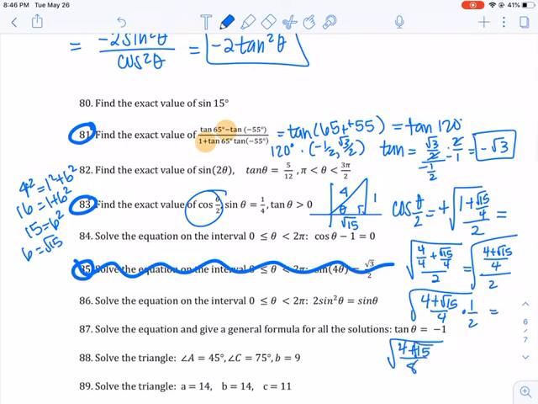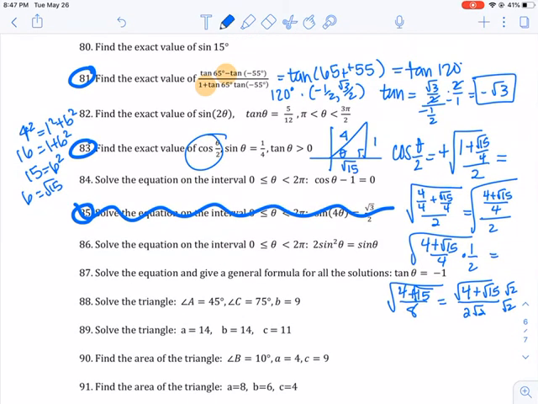Okay, and then we can simplify this as rad 4 plus rad 15 over rad 8. 8 is just 2 rad 2. And then lastly, you can rationalize it. So multiply by rad 2 over rad 2. Oh, it's already underneath the radical. Shoot.